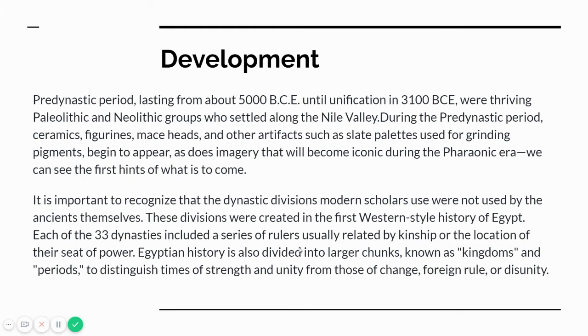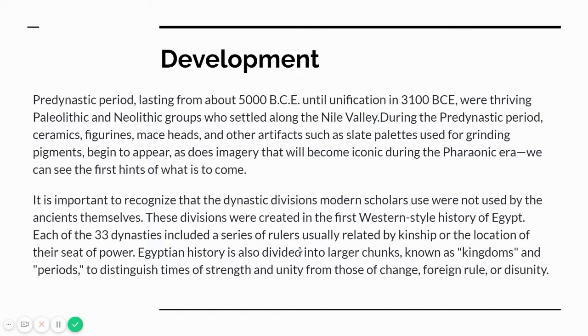I think the other thing that's important to recognize, which goes for a lot of things in history, is that the dynastic divisions, the titles and the eras that we name, were not used by the ancient Egyptians themselves. These divisions were created later in the first Western style history of Egypt.